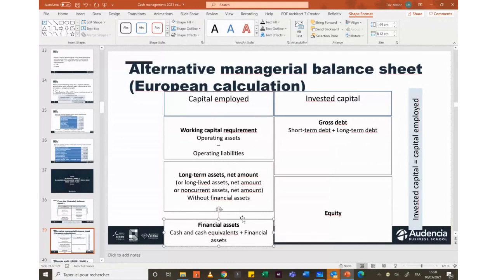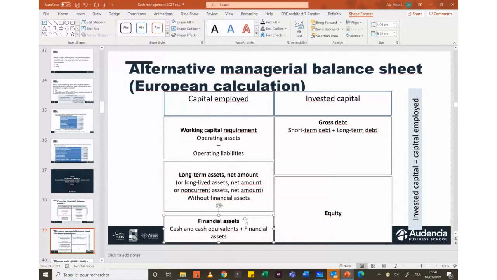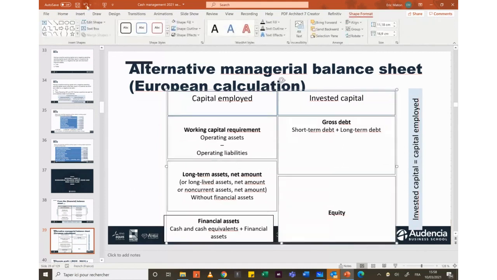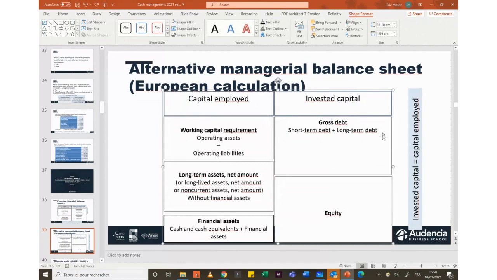So if we have this presentation, capital employed, we keep all the financial assets. Invested capital, we have the short-term debt, long-term debt, plus non-current provisions, which is a traditional presentation.